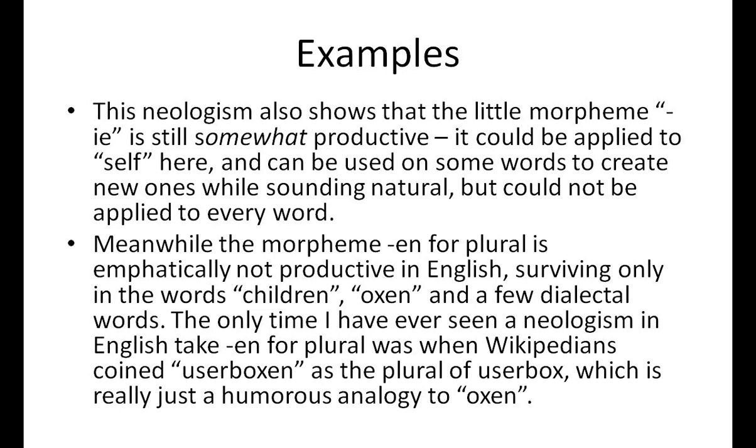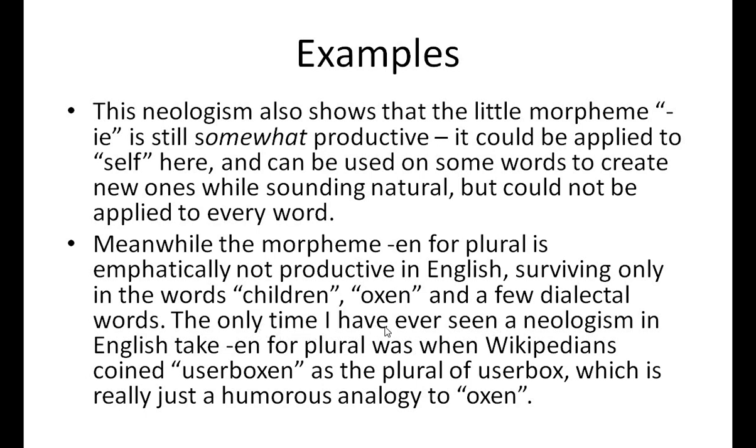Meanwhile, the morpheme "-en" for plural is emphatically not productive in English. We cannot use "-en" in multiple words in multiple ways while keeping in mind grammatical correctness as well. So we cannot use it.